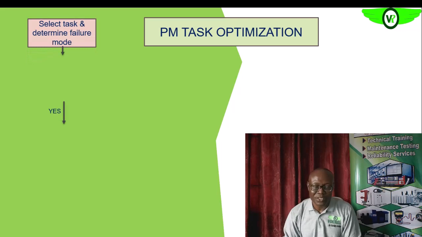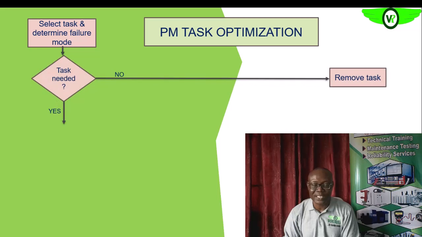So during the PM optimization task, we select the task and determine the failure mode that task is meant to handle. We'll now ask ourselves, as we said earlier, is that task needed? If it is no, what will happen? We remove that task.